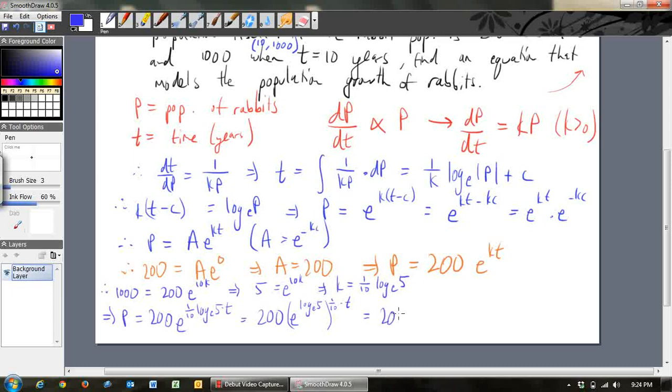So that's equal to 200 times 5 to the power 1/10 times t, which is just t over 10. And that is your particular solution. I'll just rewrite that. P equals 200 times 5 to the power t over 10. And that is your solution that predicts the population growth of rabbits at t years.